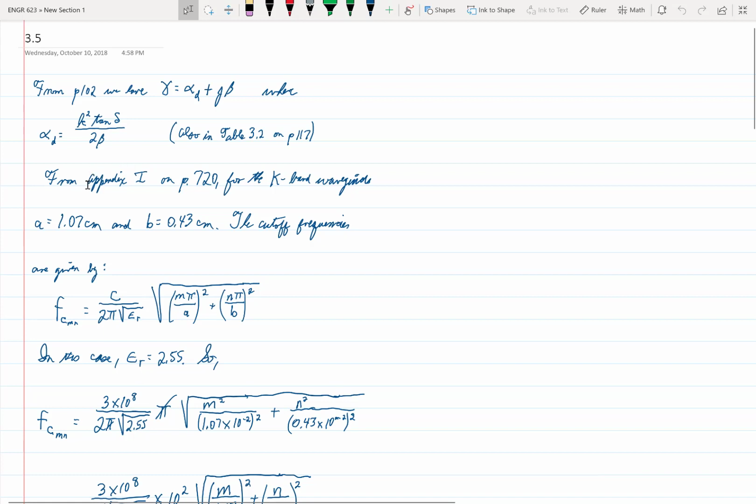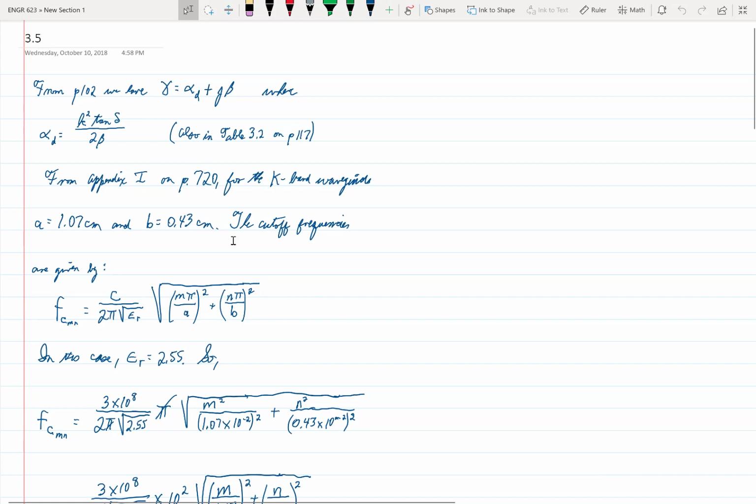Now, from Appendix I on page 720, we find that for the K-band waveguide, A is equal to 1.07 centimeters and B is equal to 0.43 centimeters.